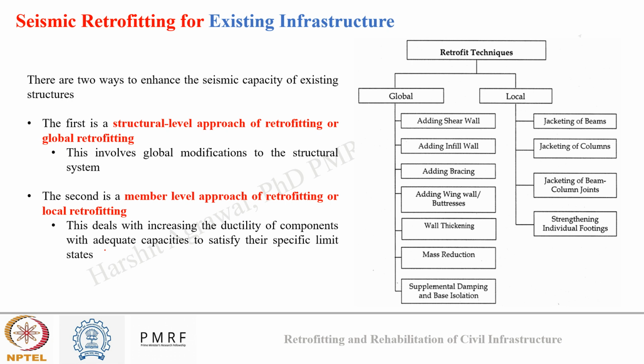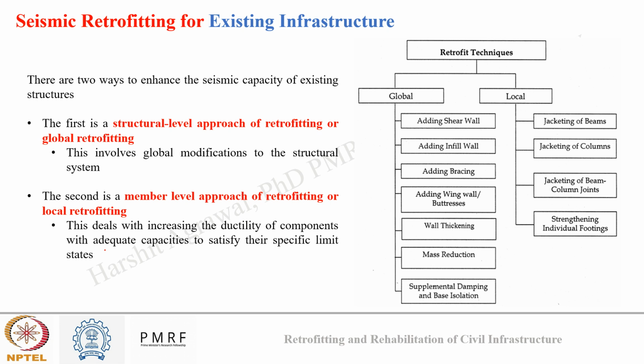The second is a member level approach of retrofitting, or local retrofitting, and this deals with increasing the ductility of components with adequate capacities to satisfy their specific limit state. So this local approach is related to a particular segment of a structure and is not applied globally to the structure.